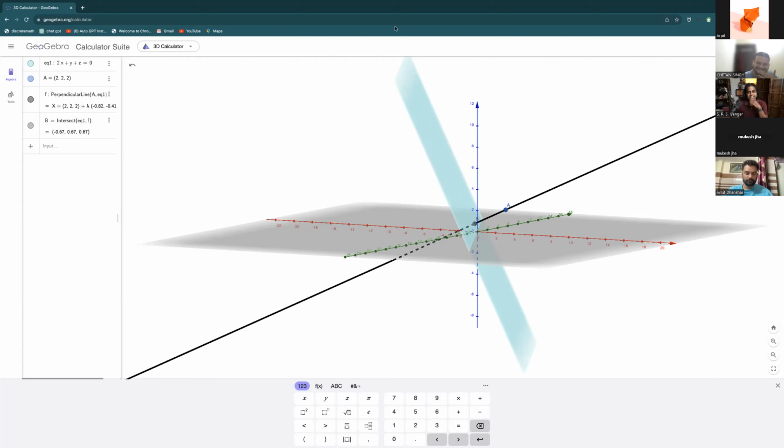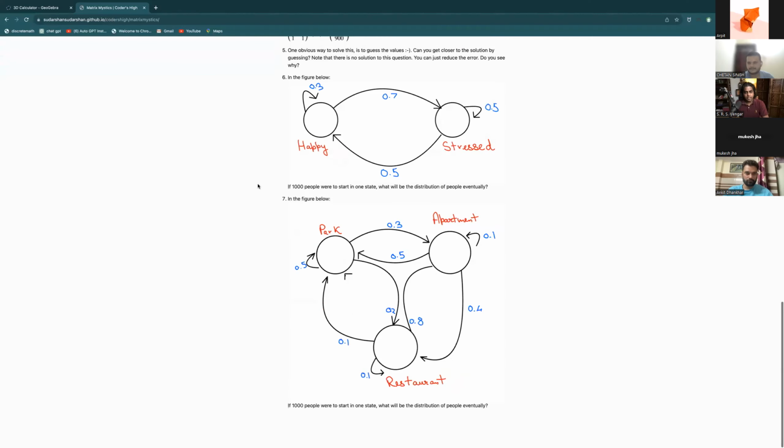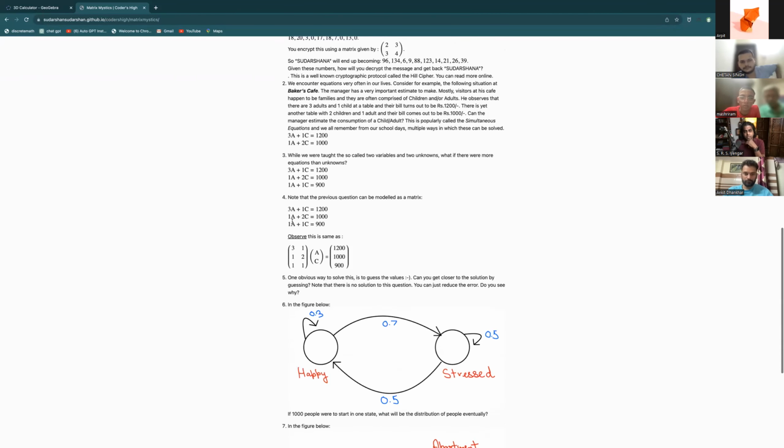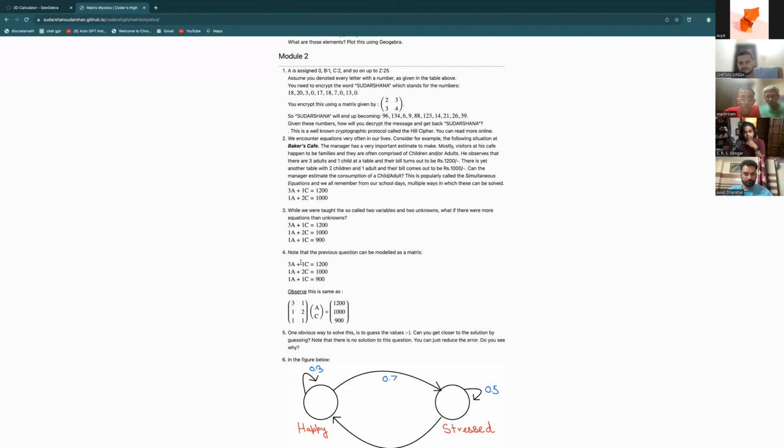Okay, very good. Now, let us quickly take a look at our Baker's problem. I will share the screen. Look at question number 2, module 2. Is the screen visible, Srivinay, Anurag, Nishan? Yes, sir. So, module 2, question numbers 2, 3, 4.